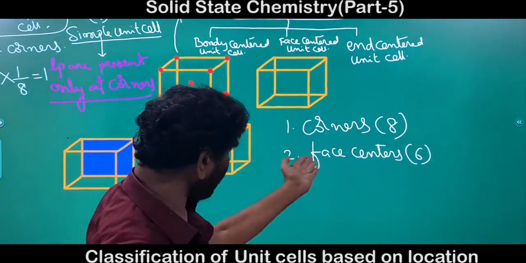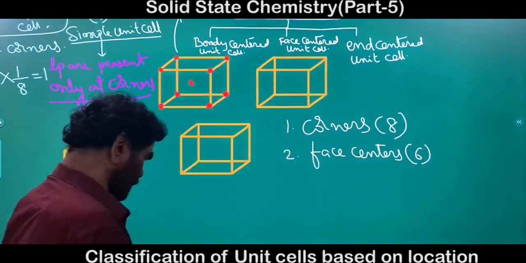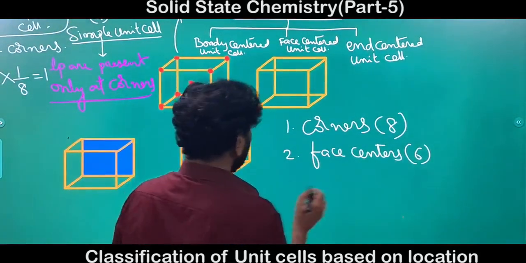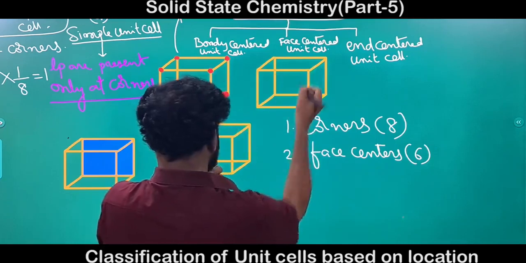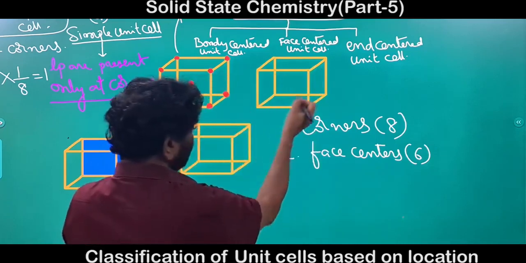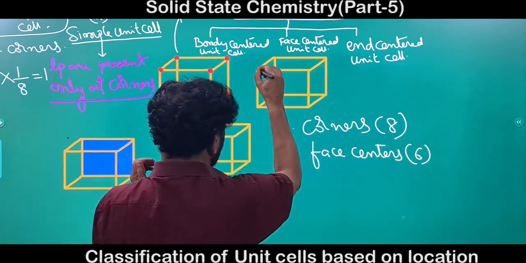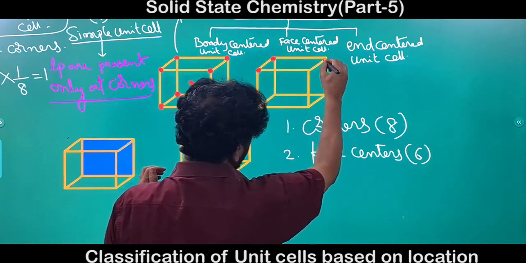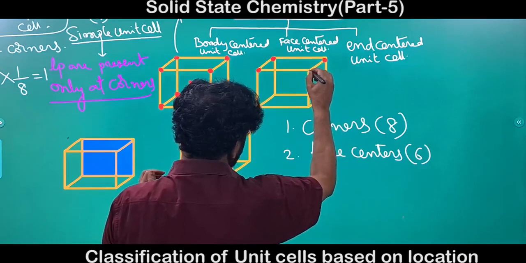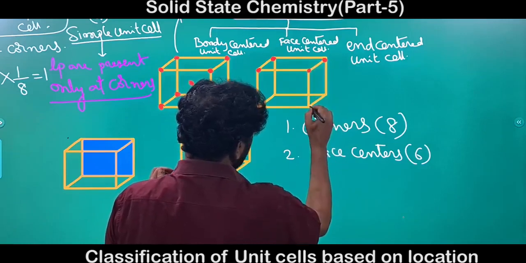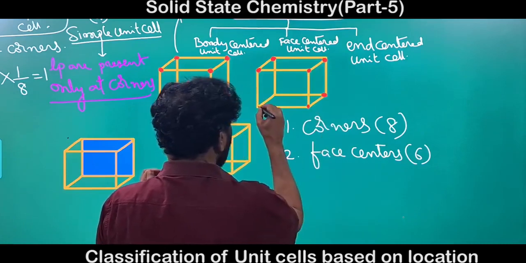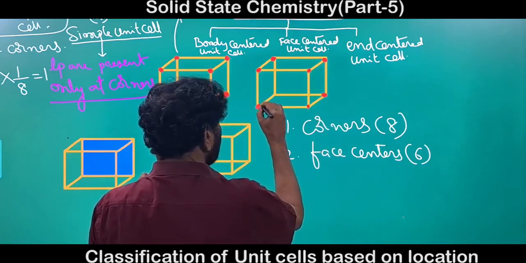So corners are 8, face centers are 6. If you take this cubic system and fill it, all corners have lattice points, 8 corners, 8 lattice points, plus 6 faces, 6 face centers. 8 plus 6 is 14 lattice points involved.